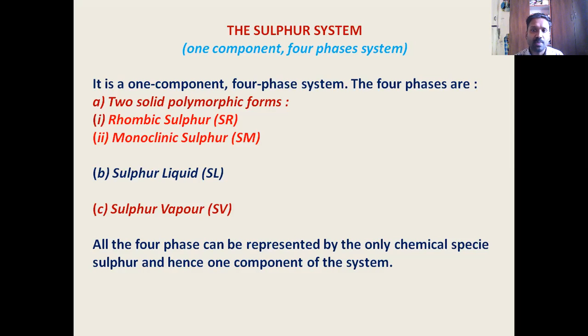And please don't worry too much about the structures of rhombic sulfur and monoclinic sulfur, because in this chapter phase diagram, all that we are looking into is two different phases of solid sulfur. One is the rhombic sulfur and the other is the monoclinic sulfur. Okay, fine. So now counting these two phases, what are the total number of phases possible? Four phases. Rhombic sulfur, monoclinic sulfur, and both are solids. Please remember, both are solids, rhombic and monoclinic.